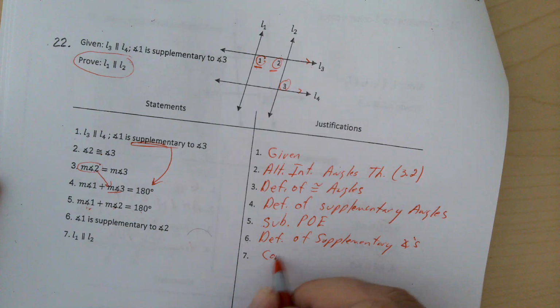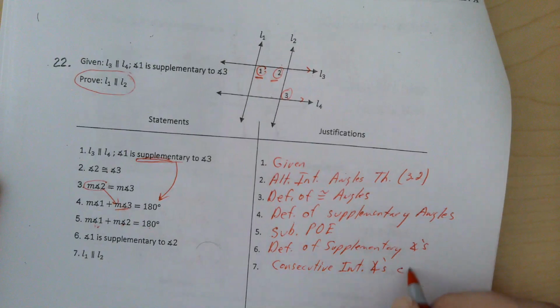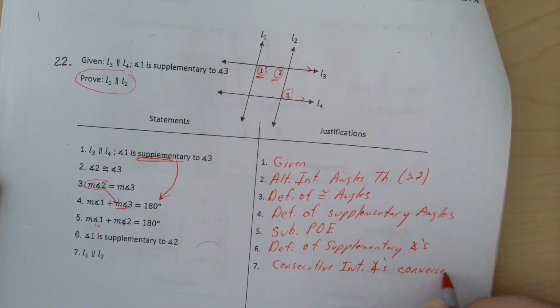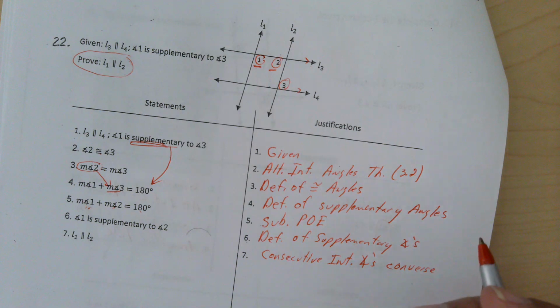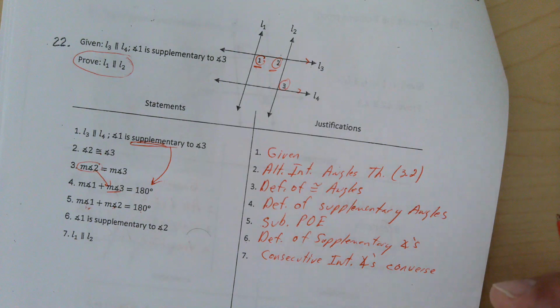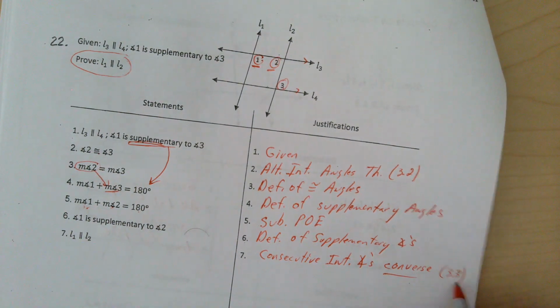We have the consecutive interior angles converse. So you need to make sure you have the word converse here, because in 3-3, we're proving by using angles, by showing that in this case the angles are supplementary, I can then conclude that the lines have to be parallel. So it's the converse, and that's really from 3-3.